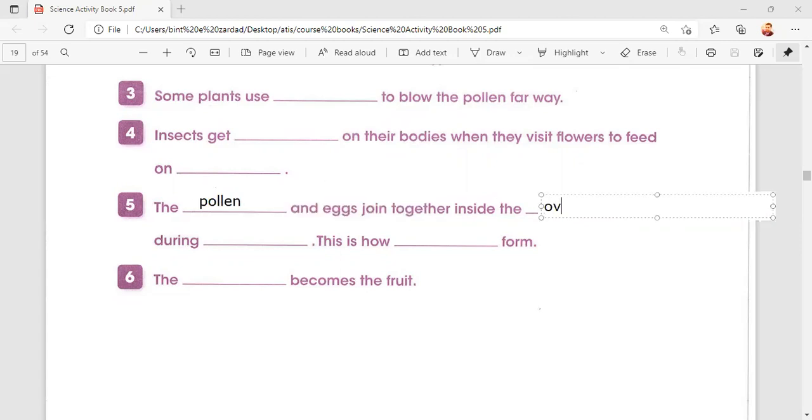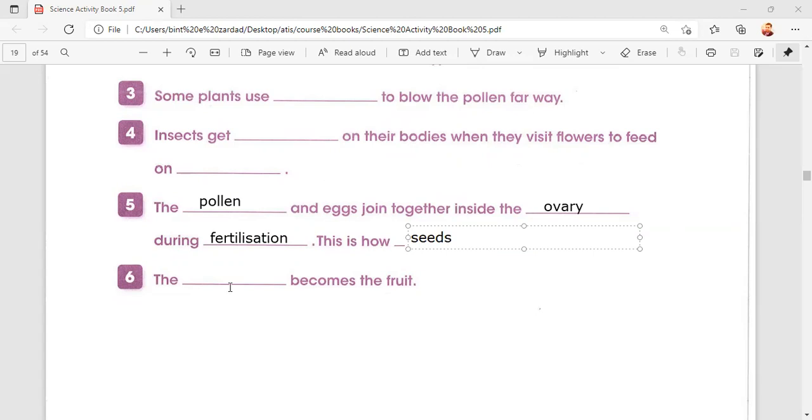A small tiny egg. During fertilization, this process is called fertilization. This is how seeds form.